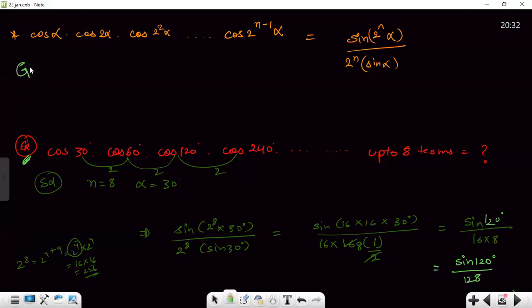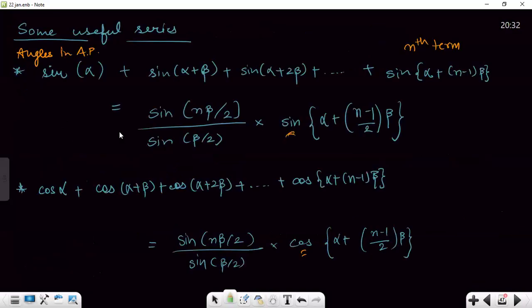So here the angles were in GP, and earlier our angles were in AP. Are there any questions? Please observe the formula and try to remember them.